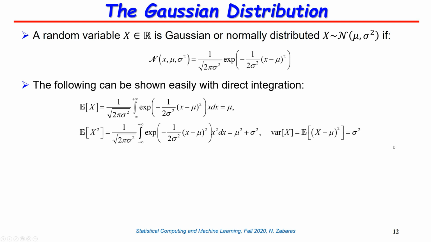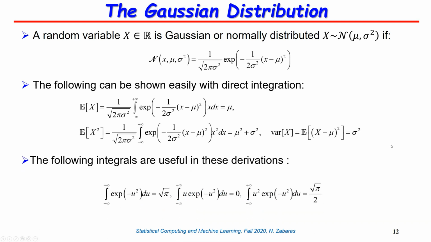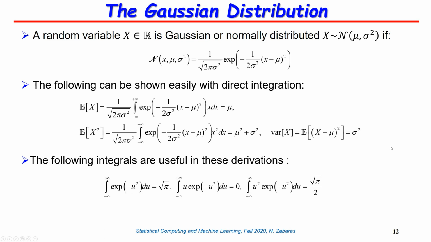Now, how do you get these integrals? Let me just give you a hint. The only thing you need is to make use of the following formulas that you see on the bottom.